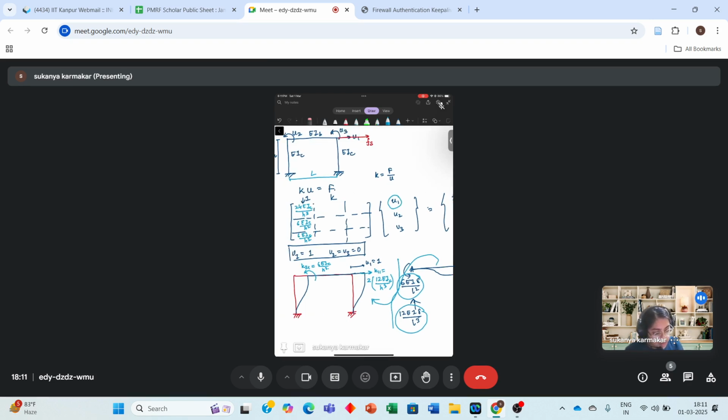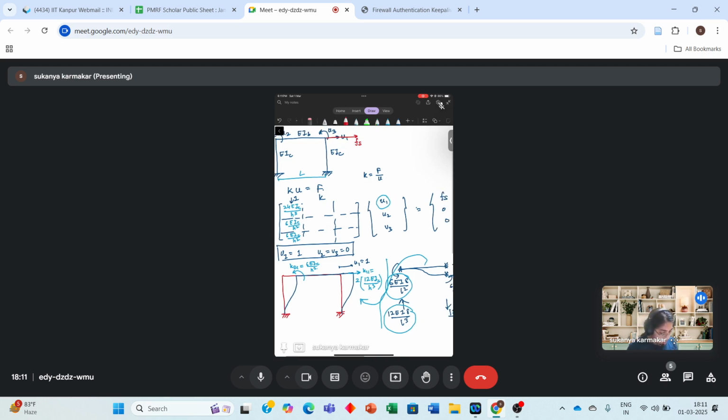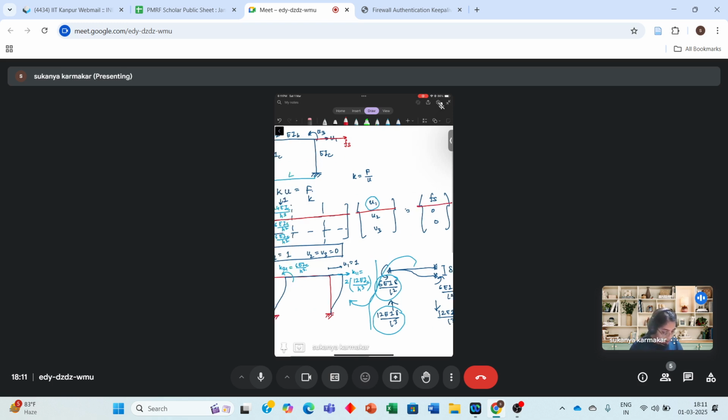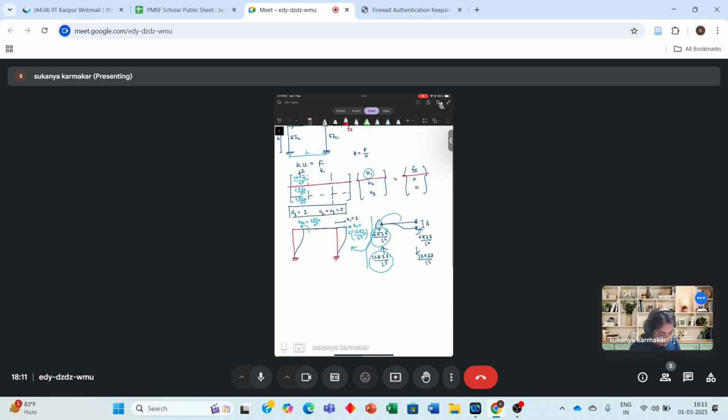So what can you do? You can partition this matrix like this. Why did I partition it? You'll just understand.